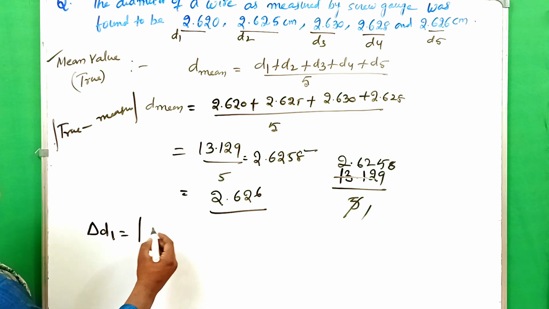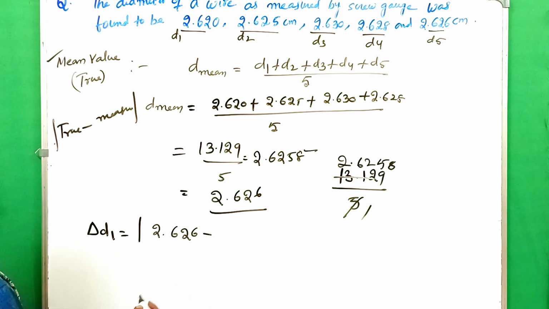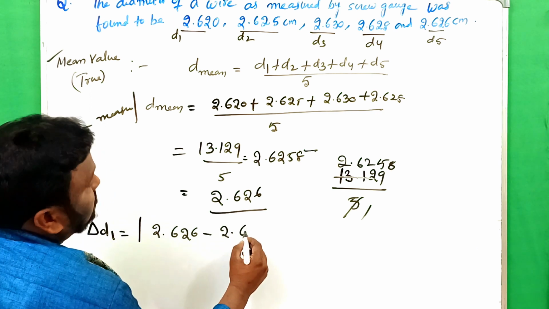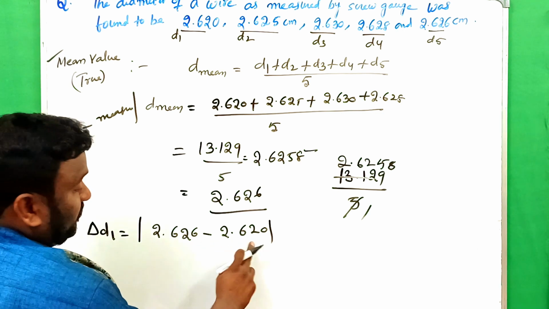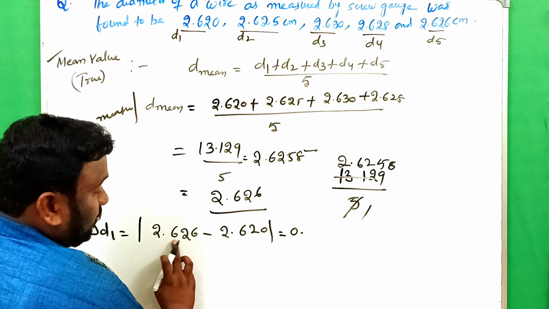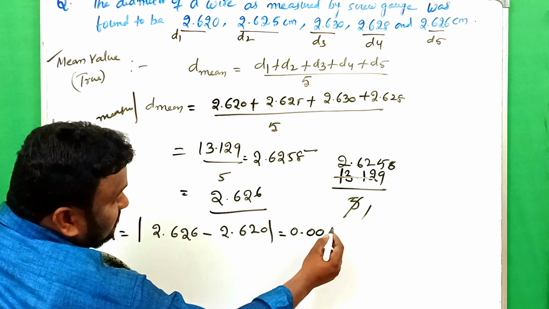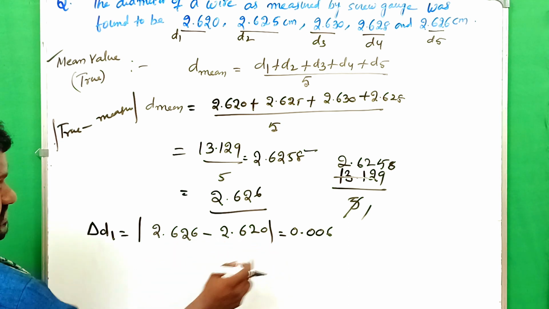So here the true value is 2.626 minus 2.620. 26 minus 20, like that, so we get 0.006. 6 minus 6 is 0, 2 minus 2 is 0, 6 minus 0 is 6.